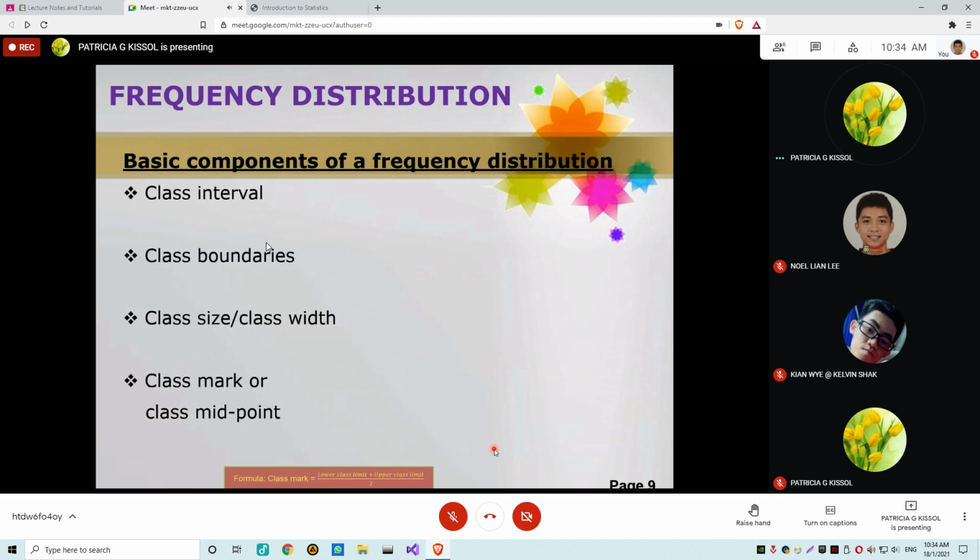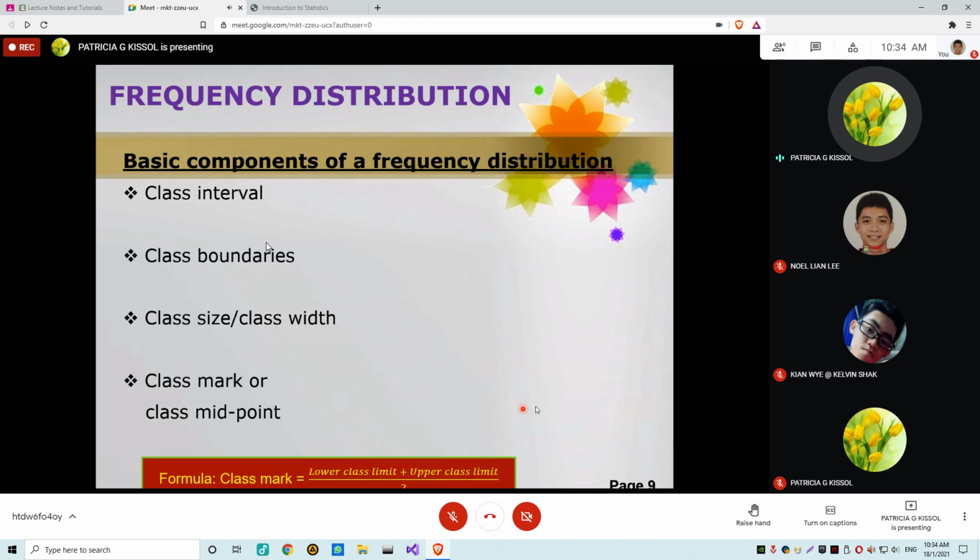And always remember that the class mark is based on this formula, which is lower class limit plus upper class limit and divide by 2. Just what I've explained here, I just highlighted it here. Because when you want to calculate the mean, you need to get the value of the class mark, the value of the x.